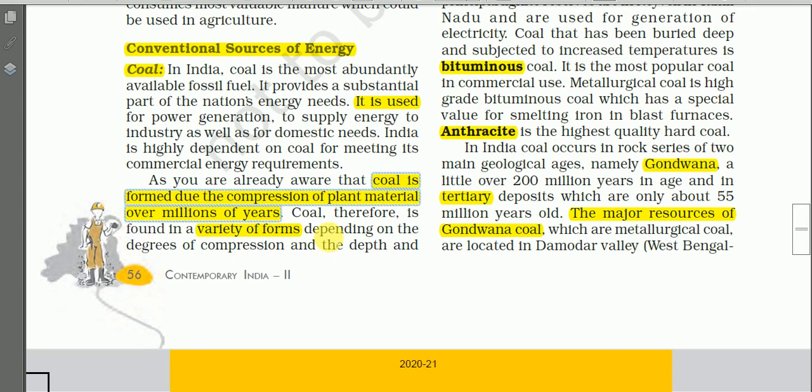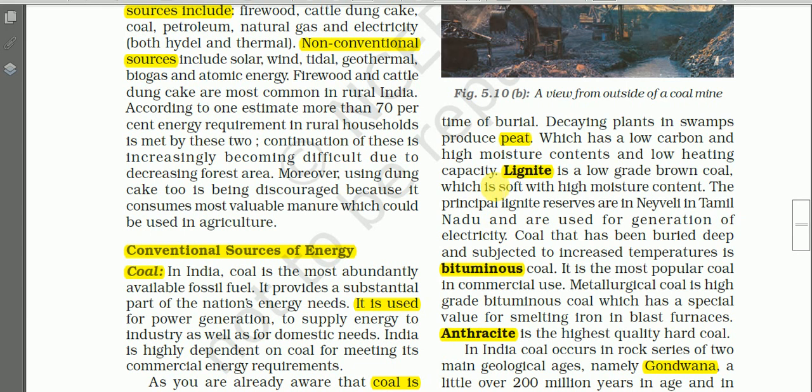And so coal is found in a variety of forms, in different types depending on the degrees of compression, means depending on the pressure conditions and the depth, and the time of burial. So the quality of coal depends on the pressure, the temperature, the depth, and the time of burial.